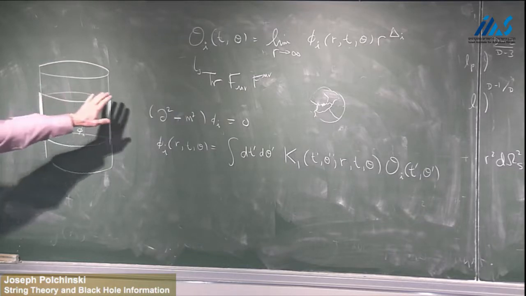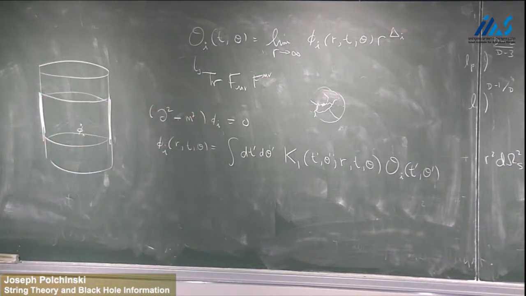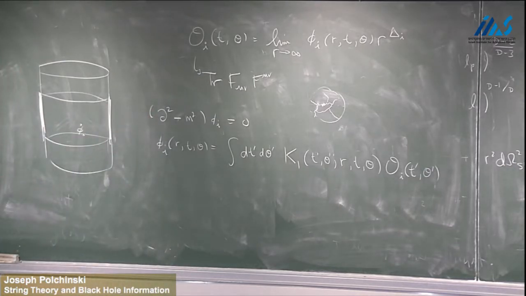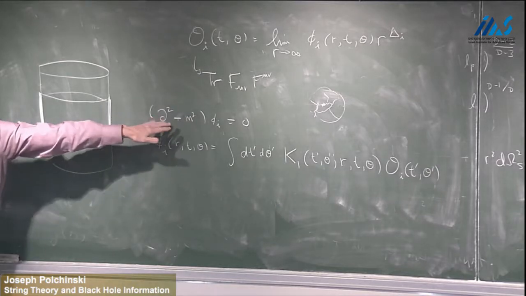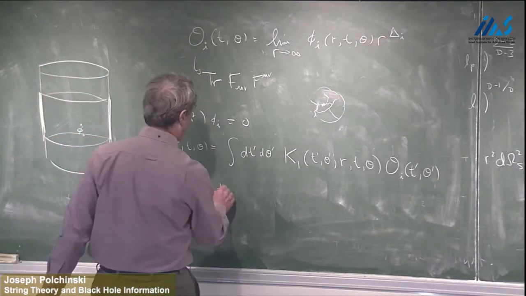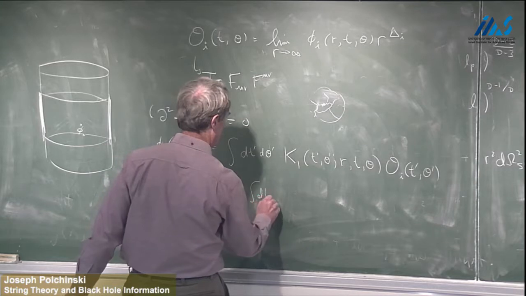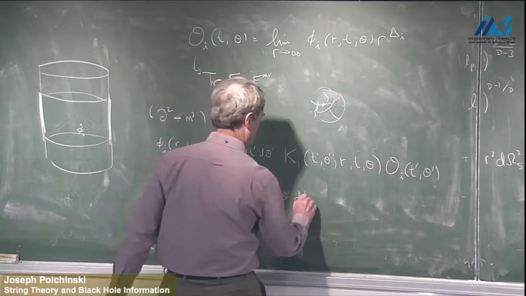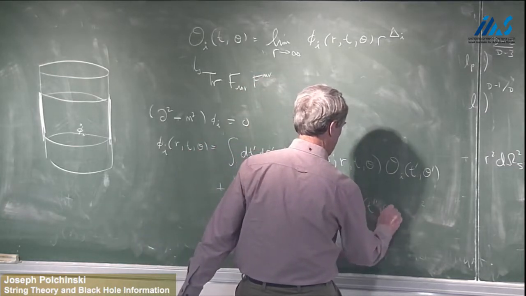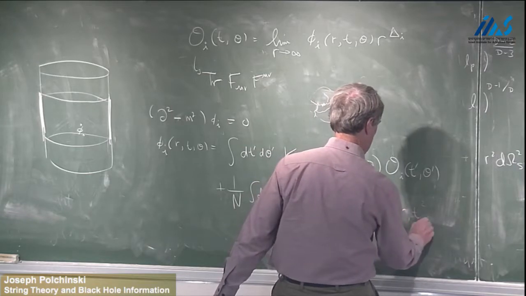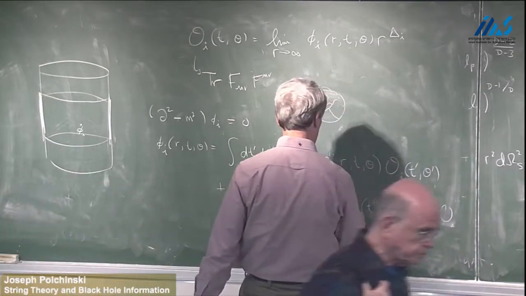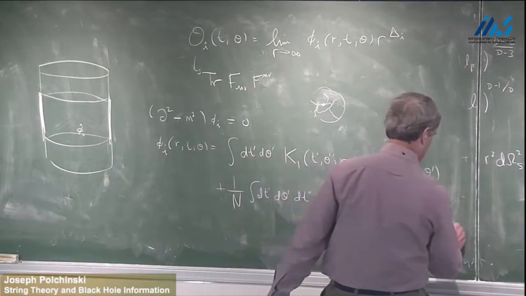And I use the free field equation here, but of course there are interactions. In the 1 over N counting of the field theory, the bulk fields are free fields, so the interactions are of order 1 over N. So there's a systematic 1 over N expansion here. I guess I should put indices here, I, J, K, that's not important.